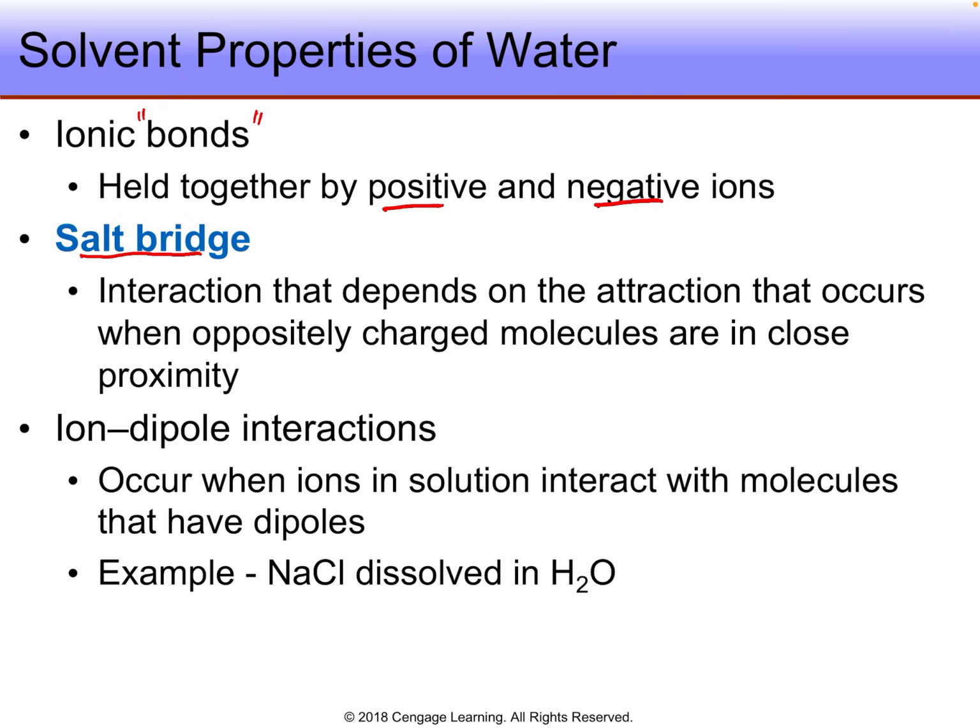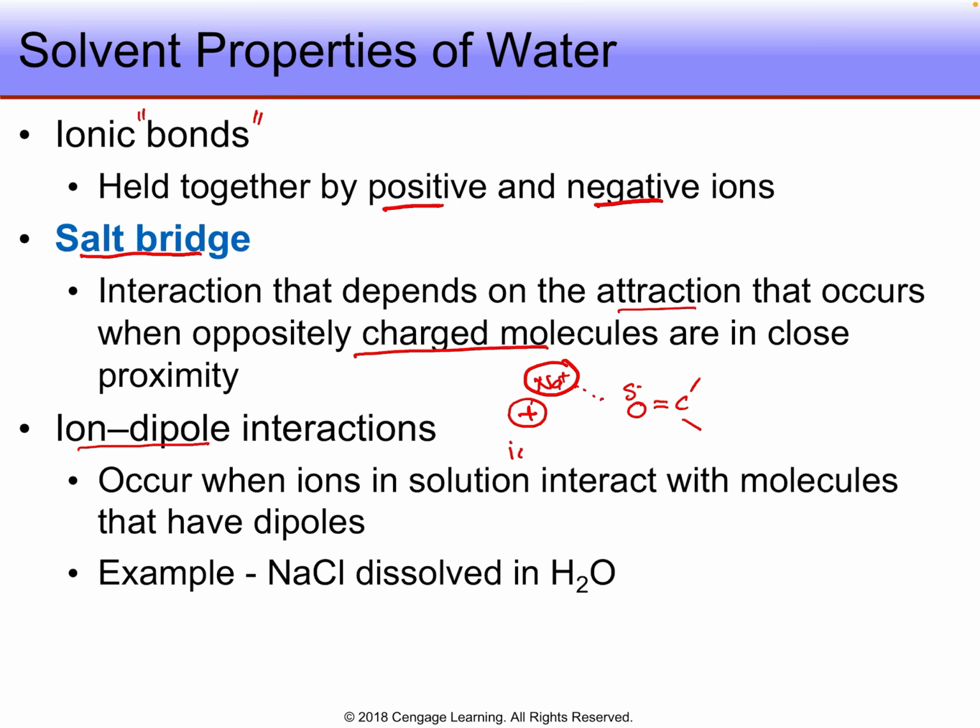And so this interaction depends on the attraction between oppositely charged species. Ion-dipole interactions are when you have one fully charged species and then something with a partial negative charge. So for example, a carbonyl oxygen. So maybe I have a sodium ion and it's interacting with the partial negative end of a carbonyl.